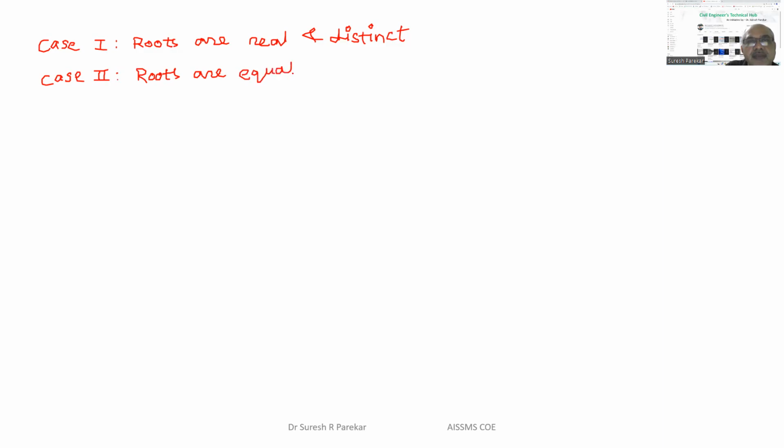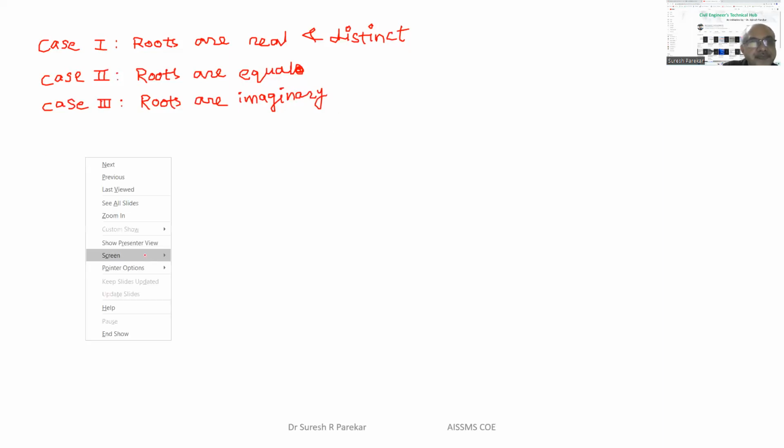And case three, the roots are imaginary. And now we will go with the problems.